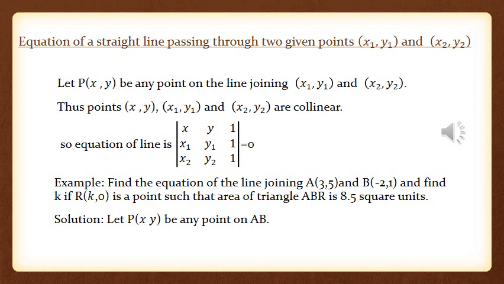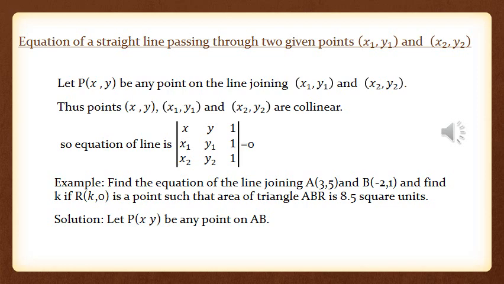You may write half outside, no problem. But we know that half into determinant is 0, so one of these two factors should be 0. But we know half will not be 0.